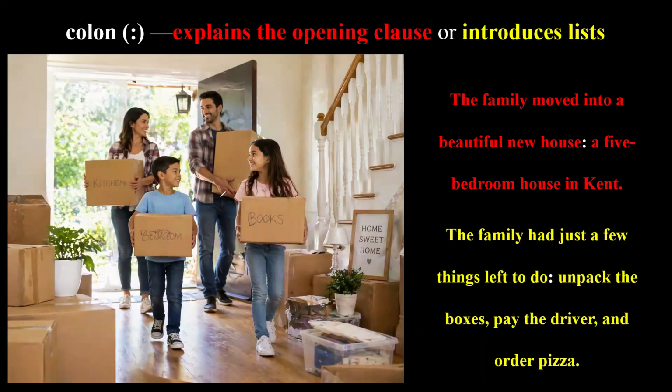Unpack the box, pay the driver, and order pizza. It's like a list. Perfect. We use those colons because the sentence introduces a list. The family had just a few things left to do. Here's my colon. And here's the list of things they have to do. Unpack the boxes, pay the driver, and order pizza.